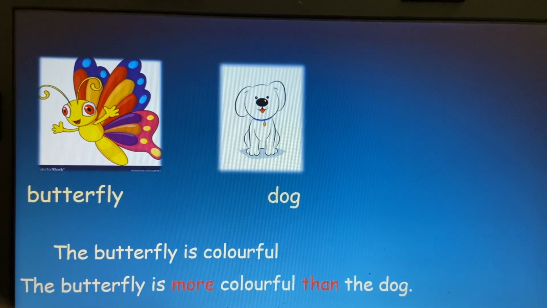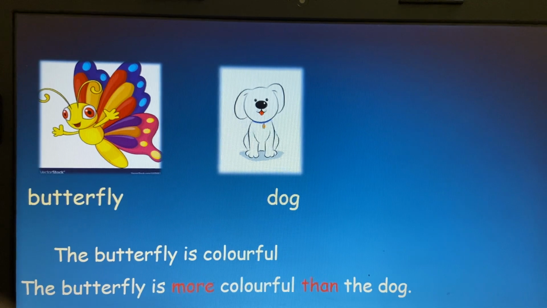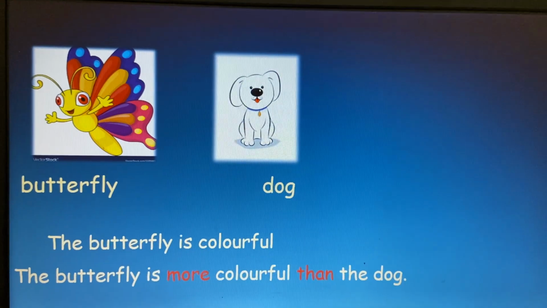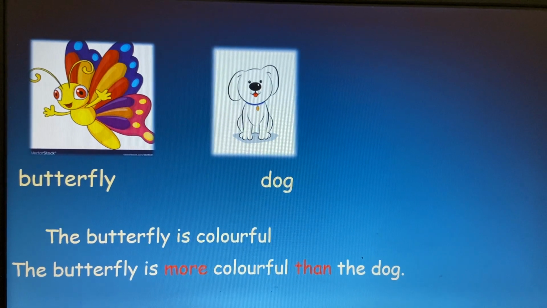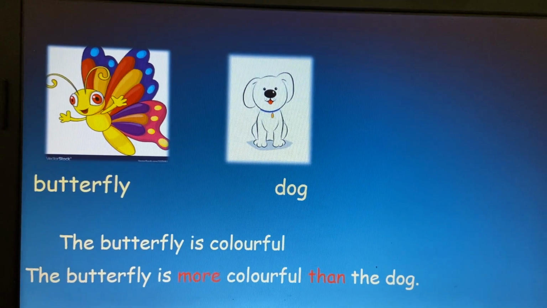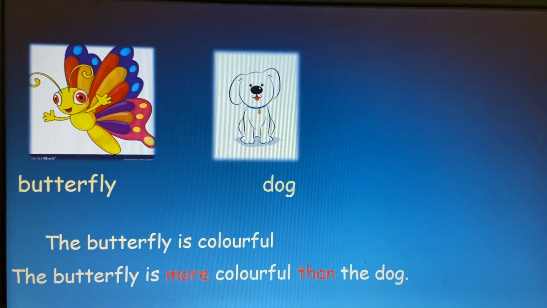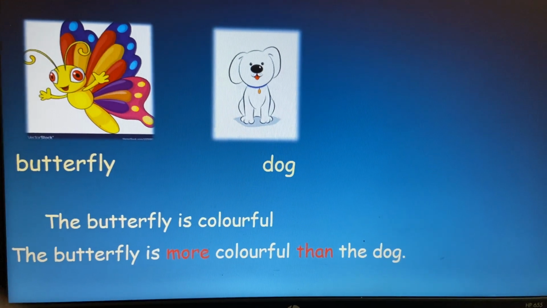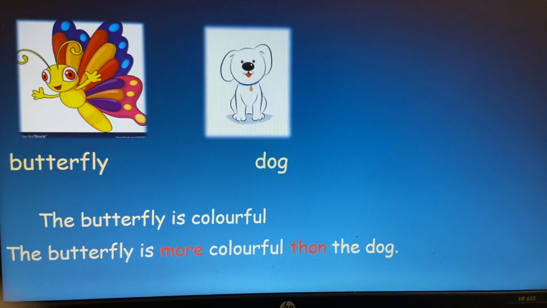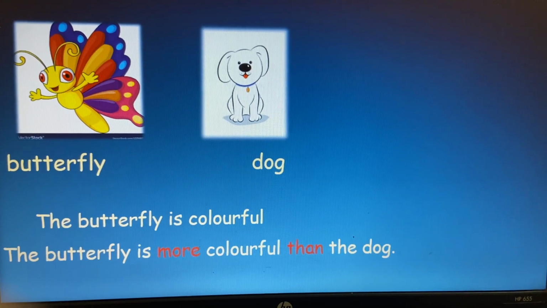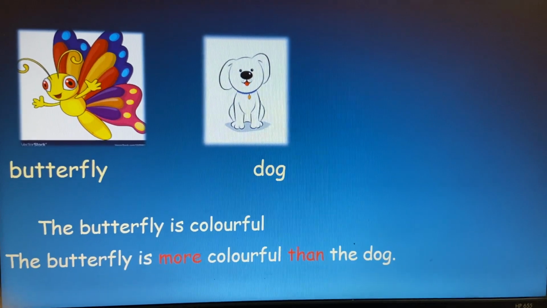The butterfly and the dog. The butterfly is colorful. The adjective colorful means that it has so many colors. The butterfly is more colorful than the dog.